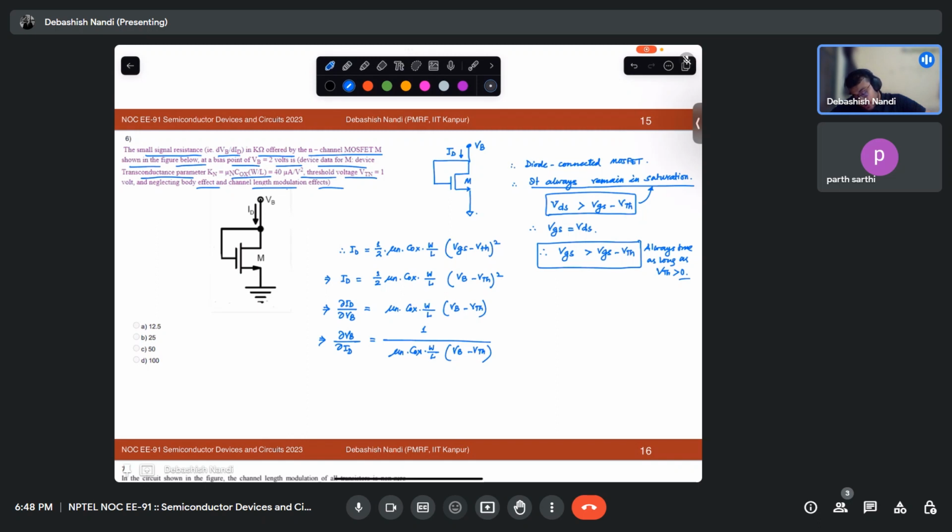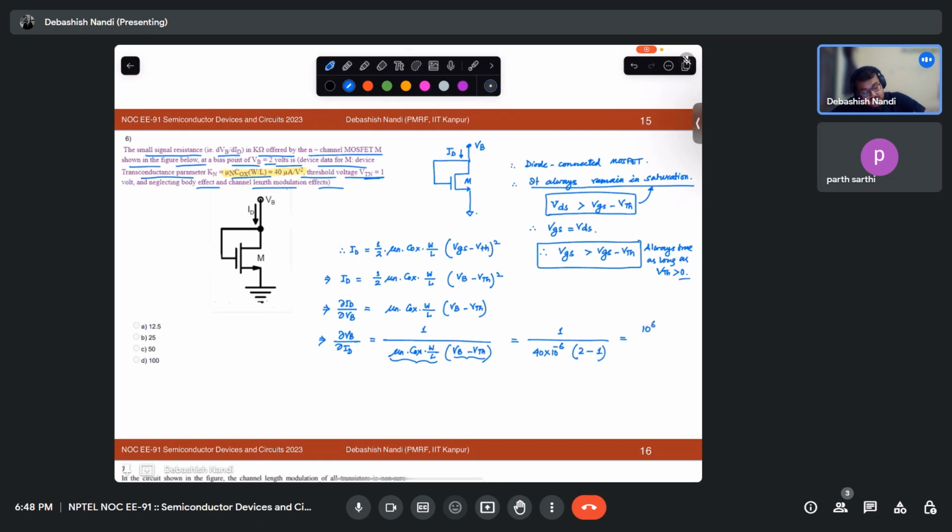So what did they want us to find out? This quantity only they want us to find out. Mu n Cox W by L is 40 microampere per volt square. So this is 1 over 40 into 10 raised to minus 6. And what about VB minus VTH? VB is given as 2 volt, and VTH is 1 volt.